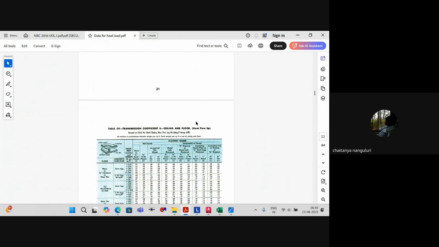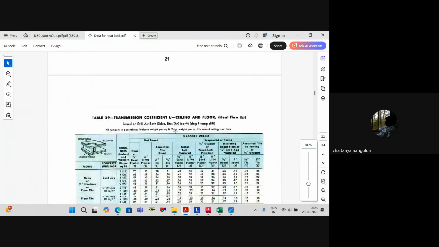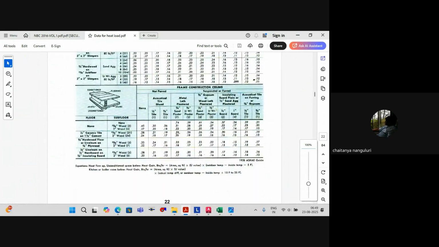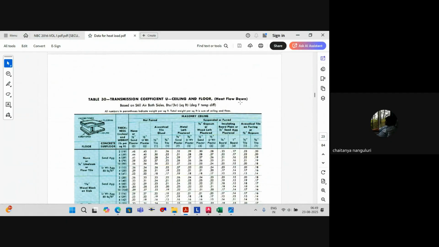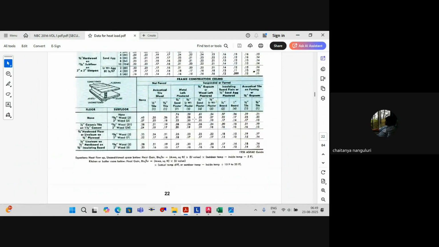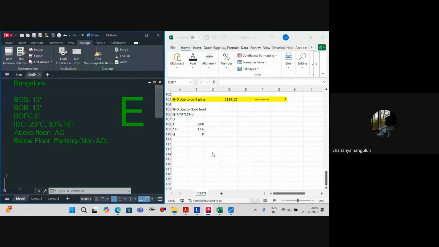You agree? So we have to take this heat flow up, which is page number 22. For ceiling load, you will take heat flow down. So for floor load, you can take page number 22 as of now.